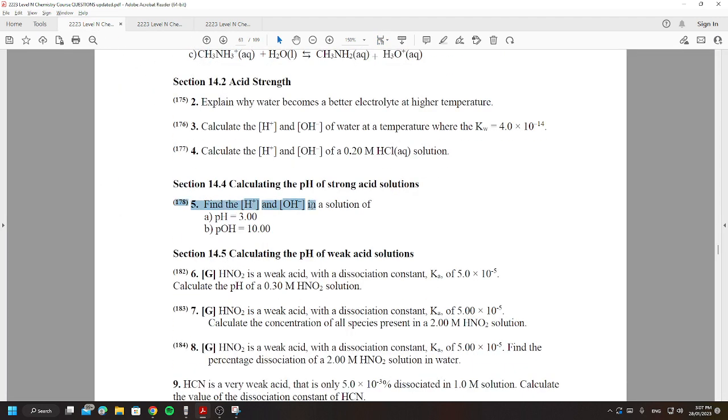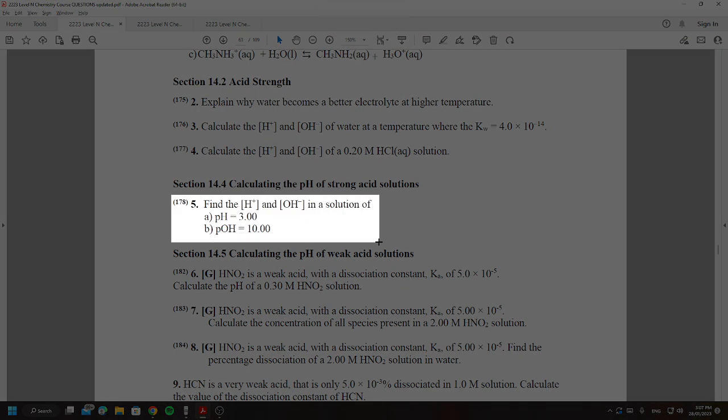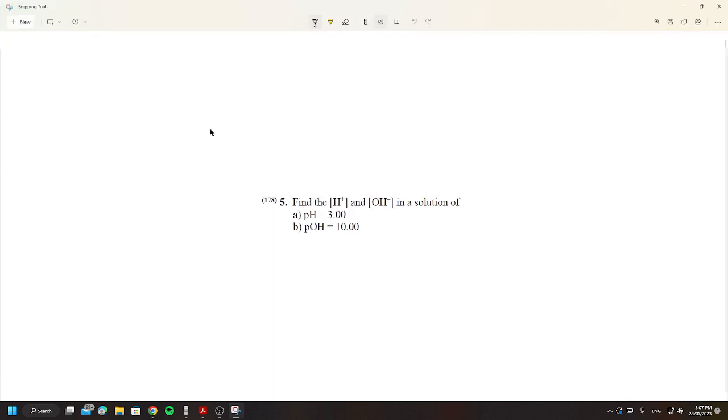Find the H plus concentration and OH minus concentration in a solution where the pH is 3.00. So we know the formula for pH to be pH is equal to negative log H plus concentration.